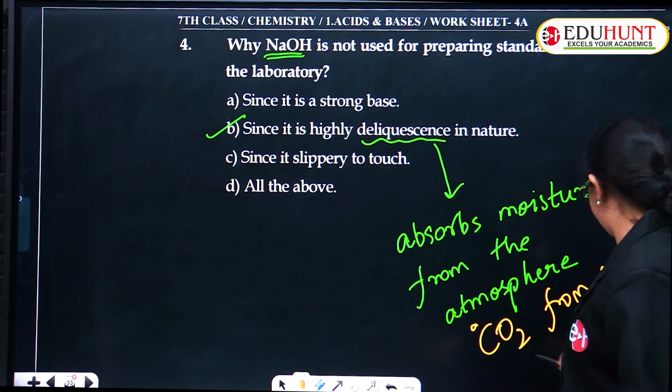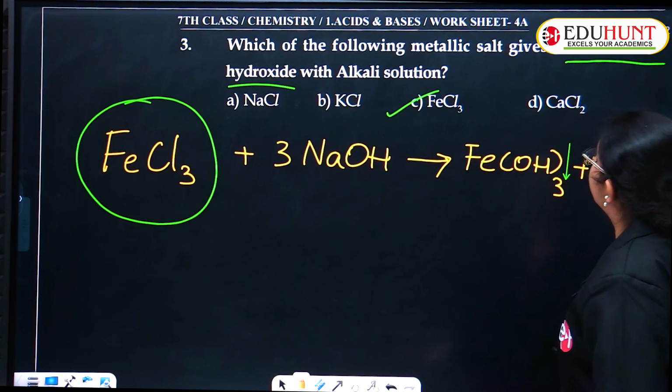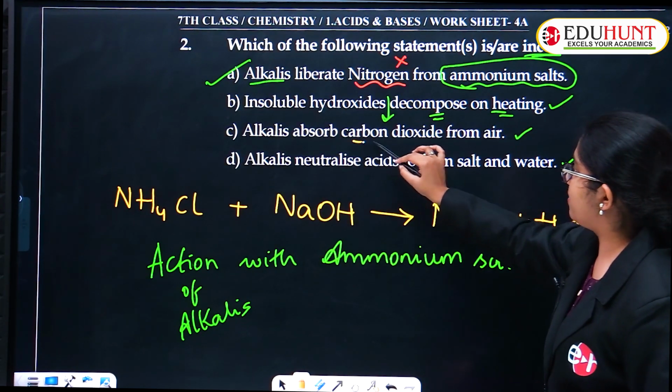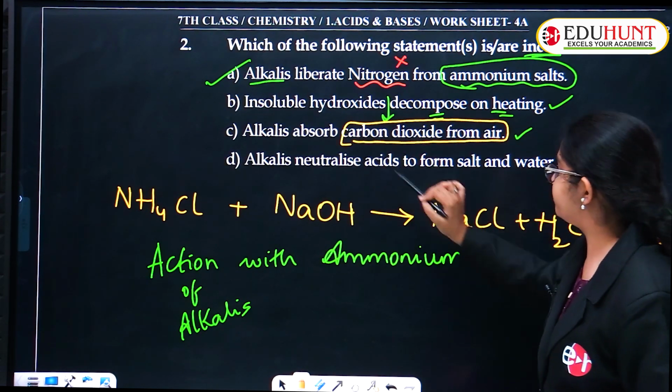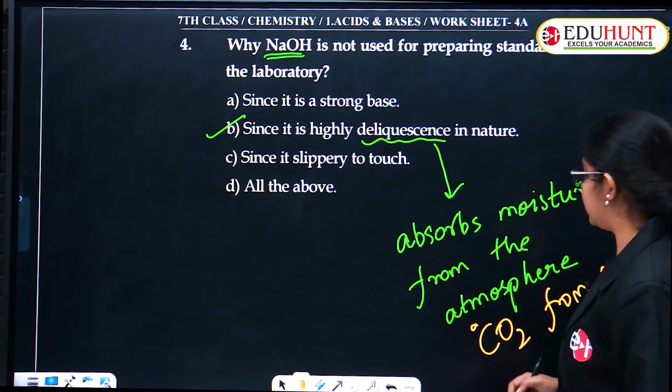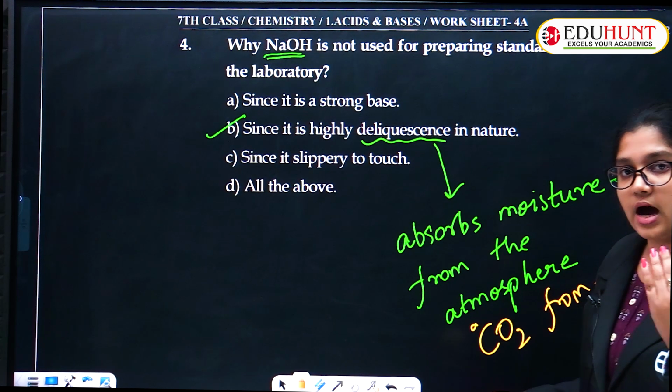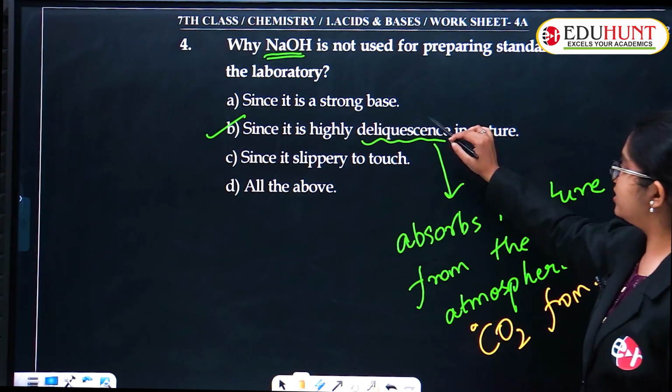You all know this from before. Where is it? I'll show you. Here, question number 2: alkalis absorb carbon dioxide from air. This is the explanation for that, because it is absorbing moisture and carbon dioxide from the air. It is deliquescent in nature.